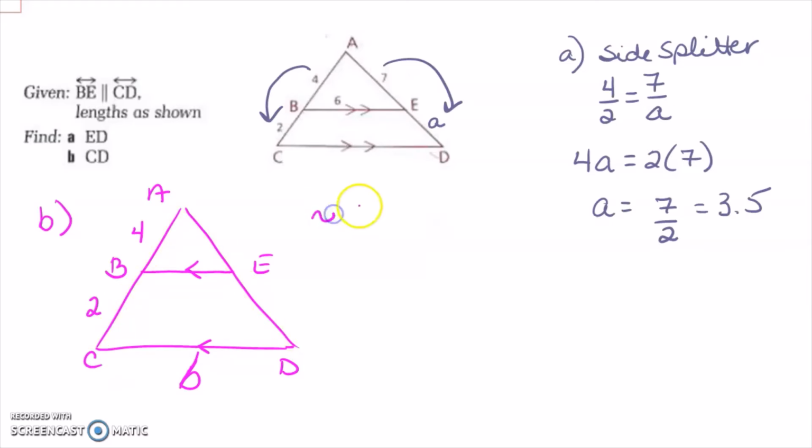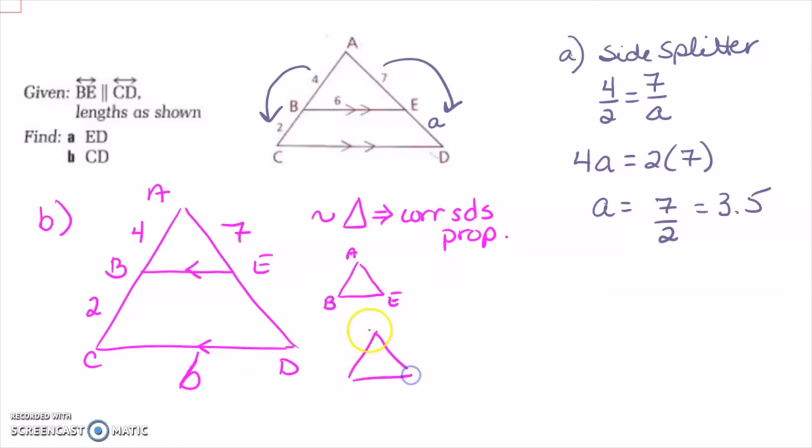We are going to need similar triangles implies corresponding sides are proportional. AE is 7. I'm asked to find CD. So when I'm looking at this, I'm looking at triangle ABE and triangle ACD. This is my unknown. I know AC is that sum, 6.